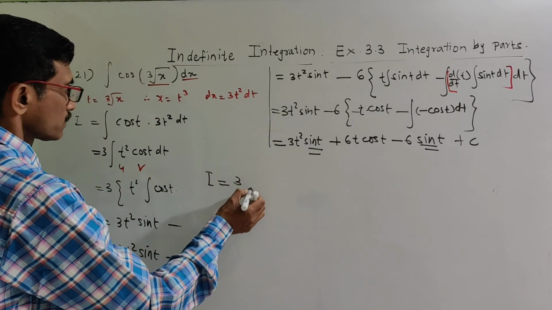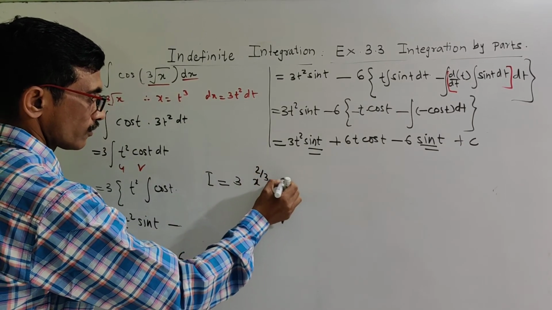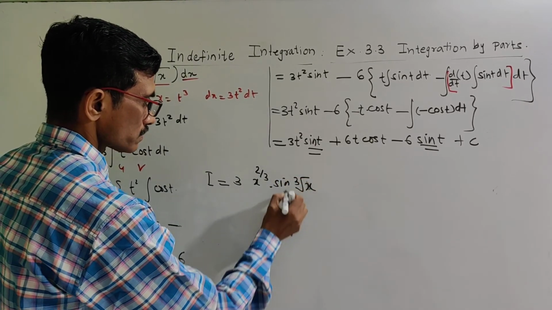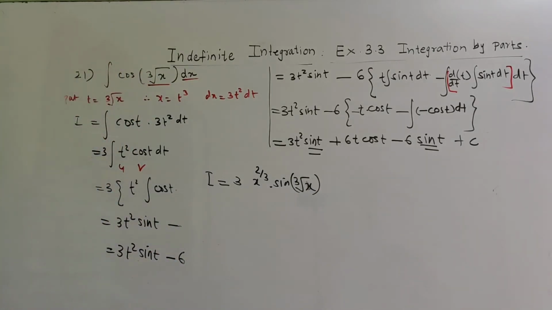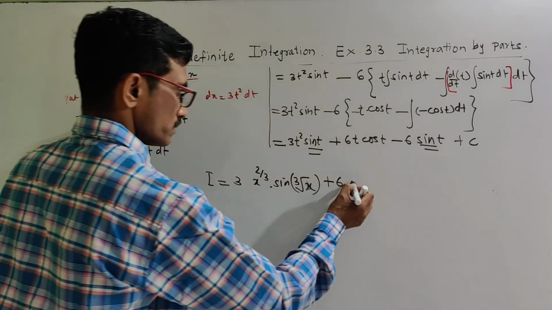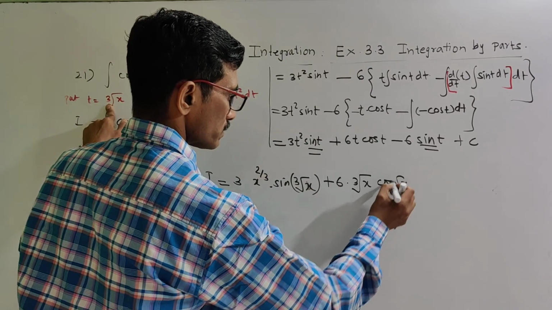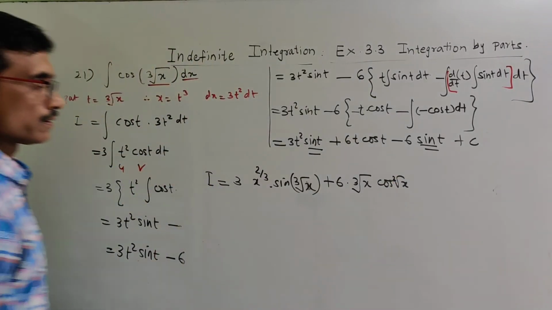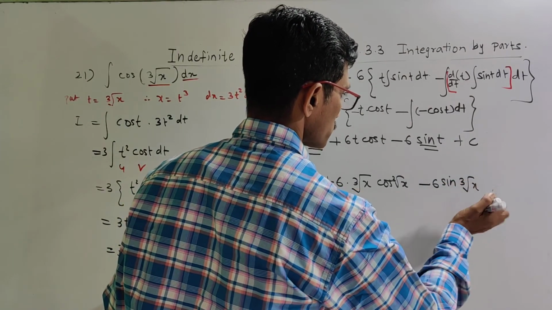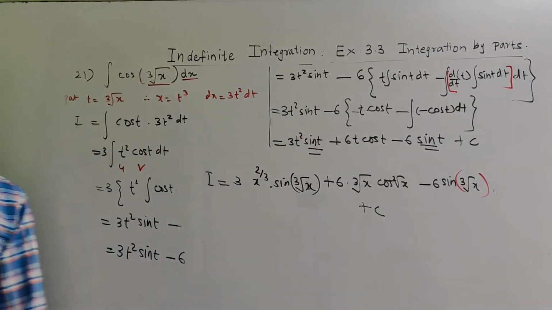T square means x raised to power 2 by 3 sin of cube root of x, plus 6 into t, t is cube root of x, cos of cube root of x, minus 6 into sin of cube root of x plus constant of integration c.